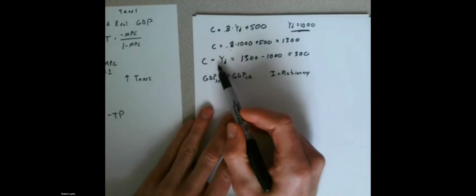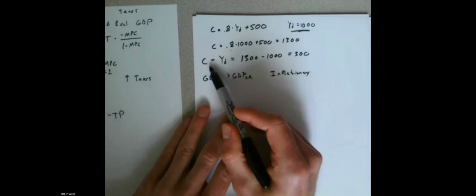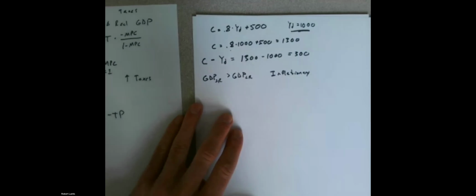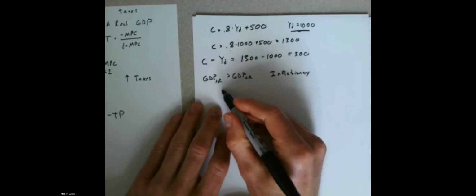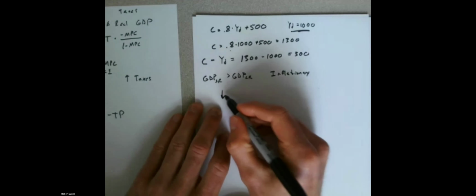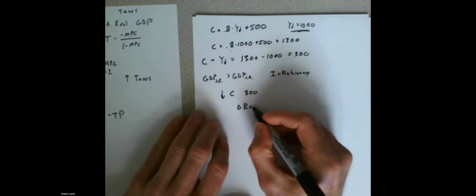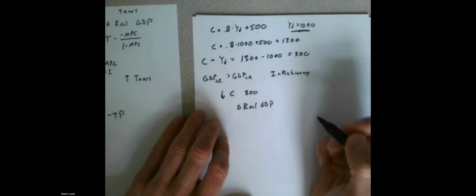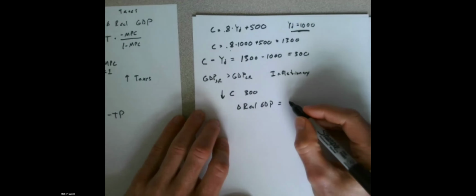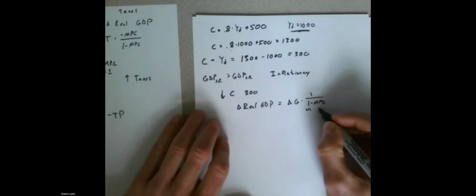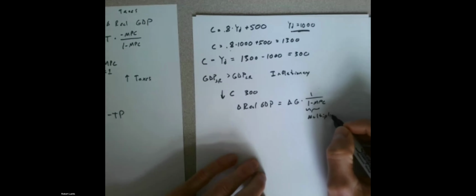If we have an inflationary gap, we want current consumption to be lower to get to that long run GDP. So what do we need to do? We need to decrease actual consumption by 300. So the change in real GDP would have to be minus the marginal propensity to consume, or our multiplier.